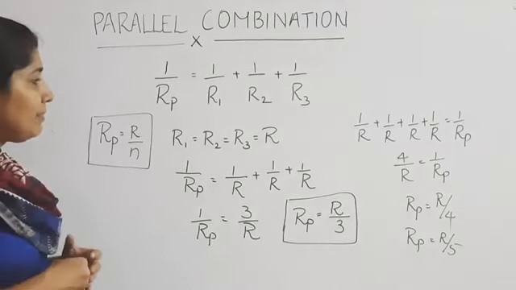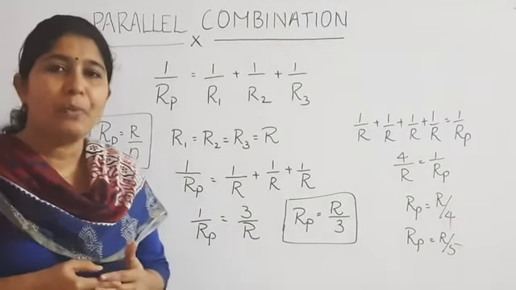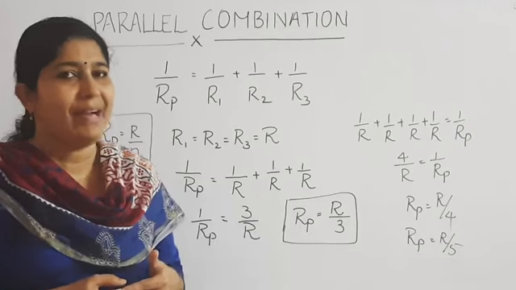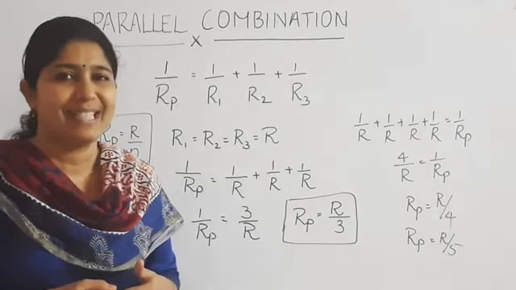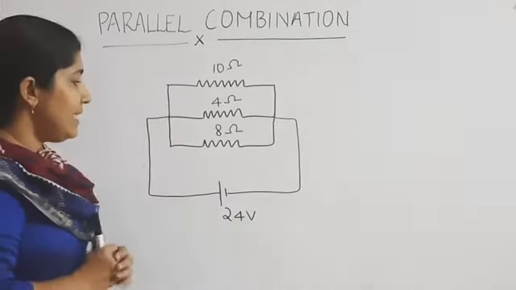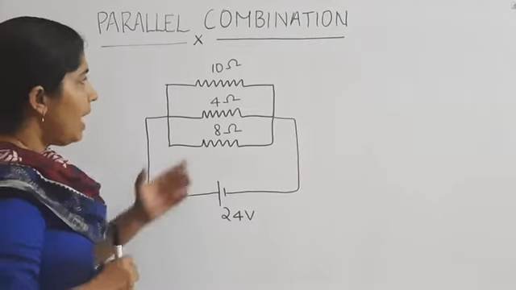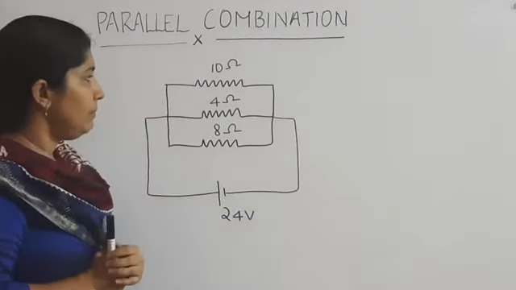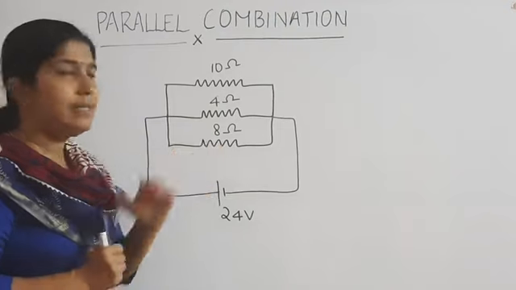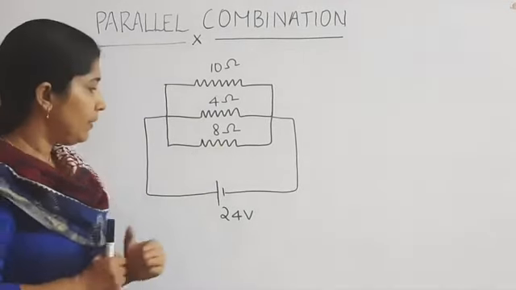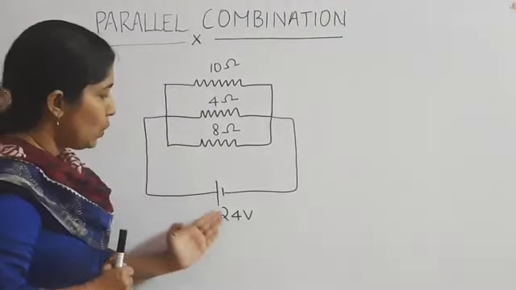Now we can do certain problems related to this parallel combination of resistors. Our question is: 3 resistors are connected in parallel to a 24 volt voltage source.